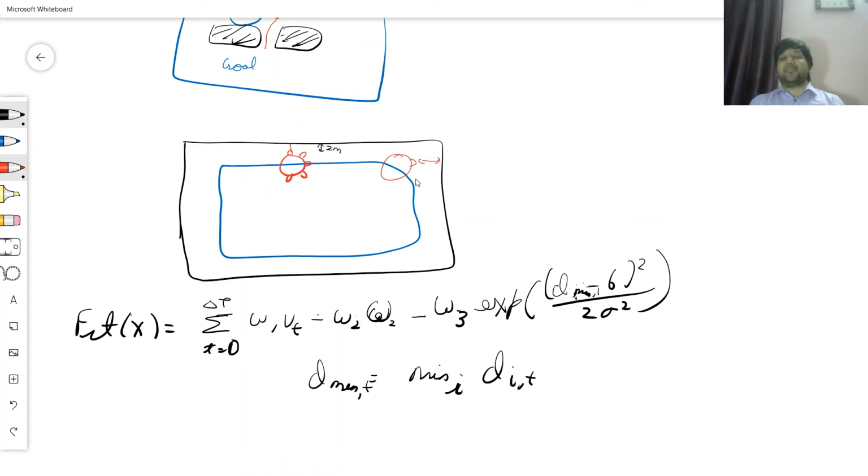So it becomes 1 meter, half a meter, 0.25 meter. It becomes extremely small. So it has to do something so as to avoid this penalty. This penalty can be extremely bad. So it needs to avoid this penalty, and in order to avoid this penalty, it will take a turn.